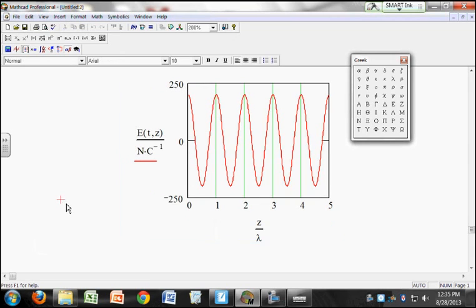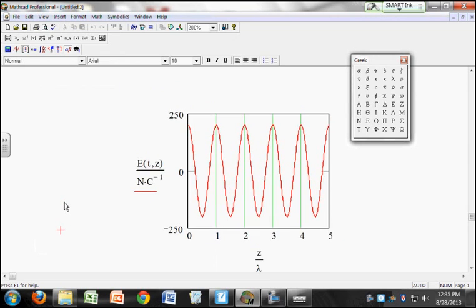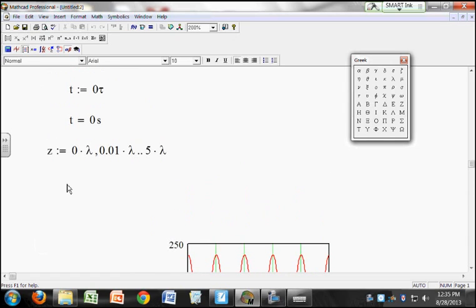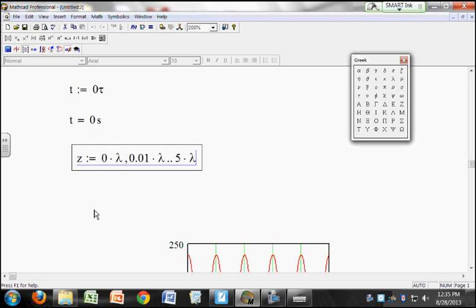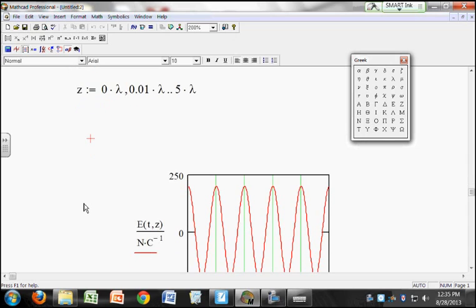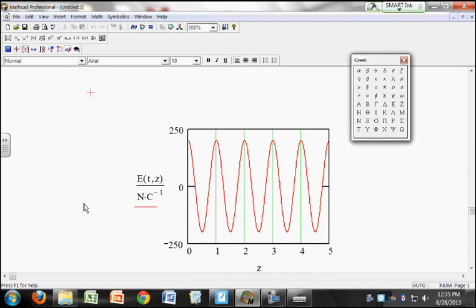All right. So that is the electric field wave at time equals 0. I define t to be 0 times tau. T is 0.